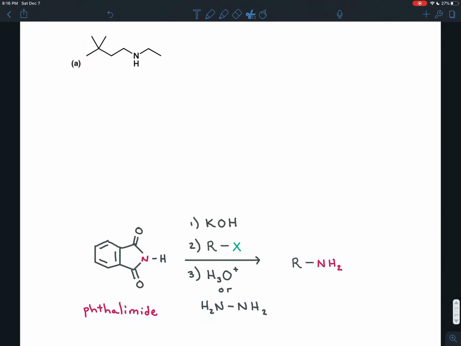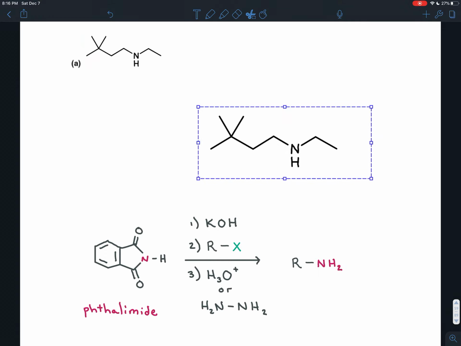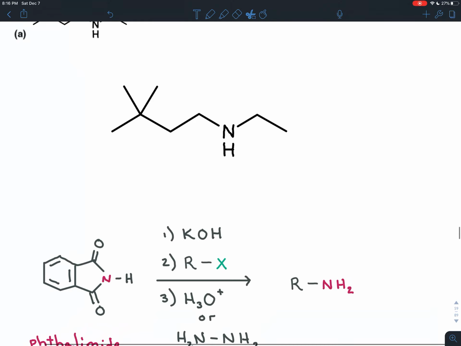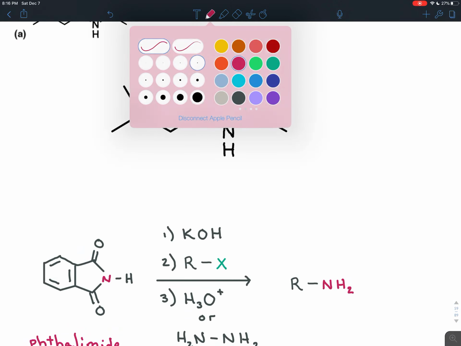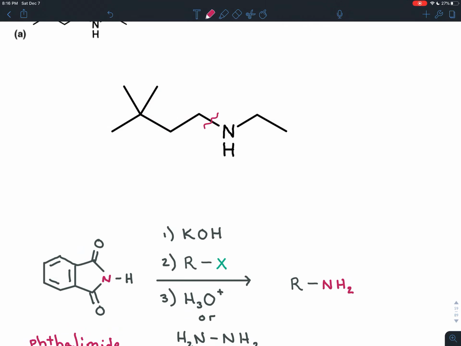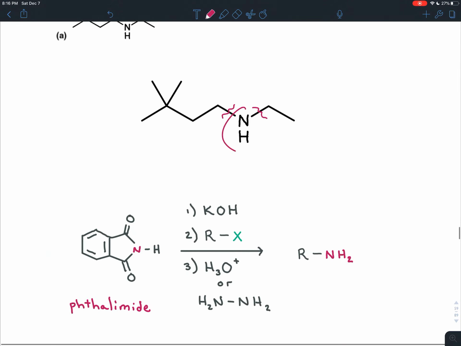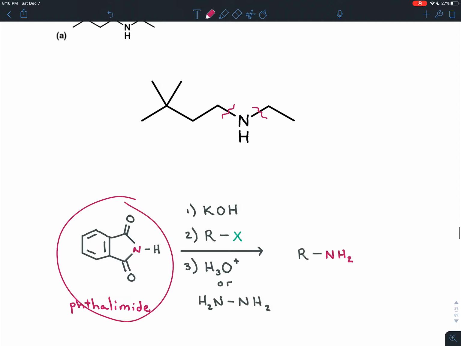So if we take this molecule, we're going to play a similar game as what we played before, where we're going to break the bonds between carbons and the nitrogen. Here, instead of starting with ammonia, the nitrogen will come from phthalimide.